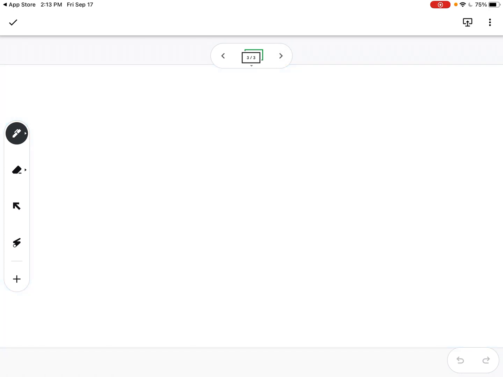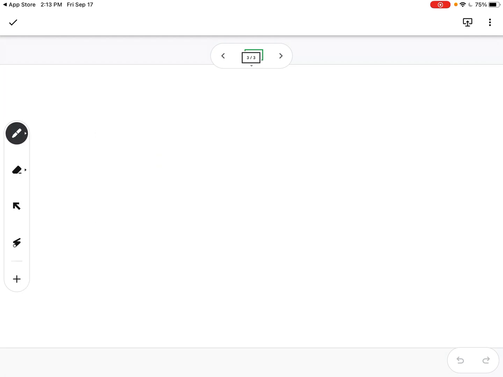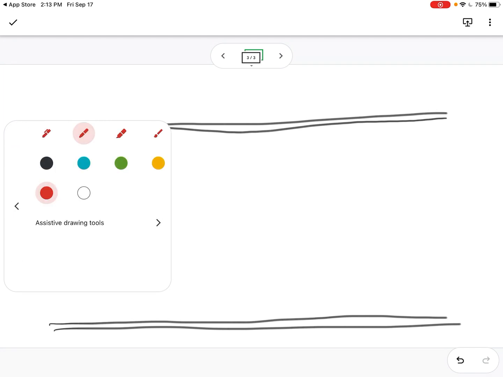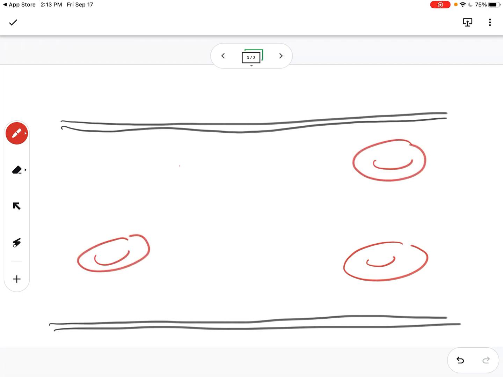So what I want you to be able to do, I'm going to try and change this. Let's look at a blood vessel. Here are the walls of the blood vessel. I like this, it's kind of like a little watercolor tool. If we have red blood cells, here's our patient. Here are her red blood cells. This is what's floating around in her system right now.